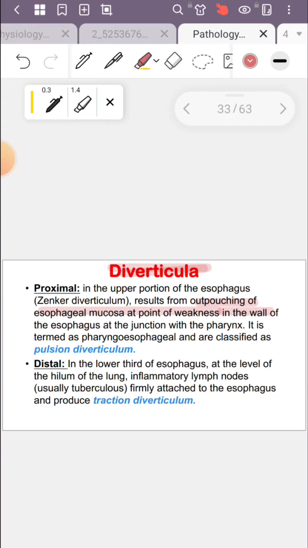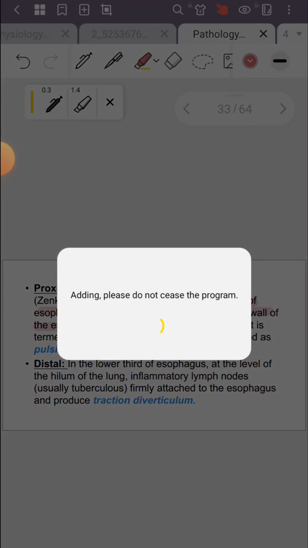In the upper third, we call it a proximal diverticulum. In the upper third of the esophagus, it is called Zenker diverticulum. Is it a false or true diverticulum? False, meaning only the mucosa protrudes through the wall, not the whole wall.